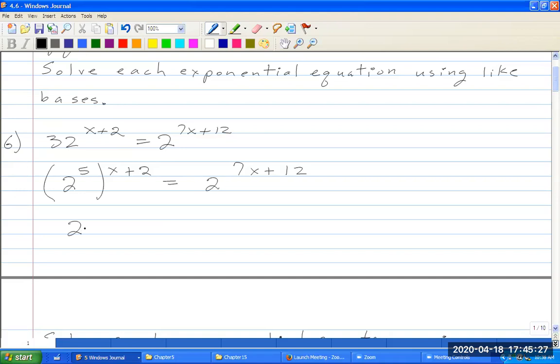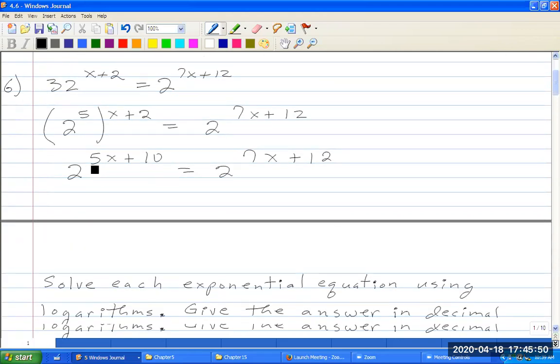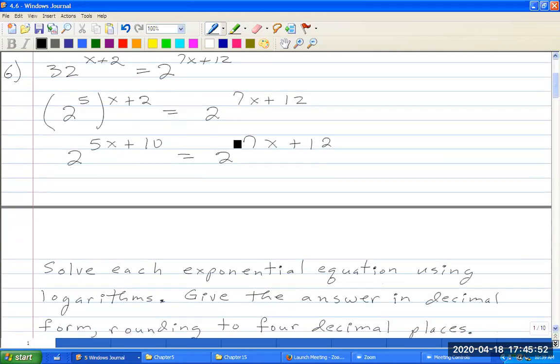So this is equal to, by the properties of exponents, I have a base to an exponent, multiply the exponents. So I'll multiply 5 times x plus 5 times 2 is 10, equaling 2 to the 7x plus 12.